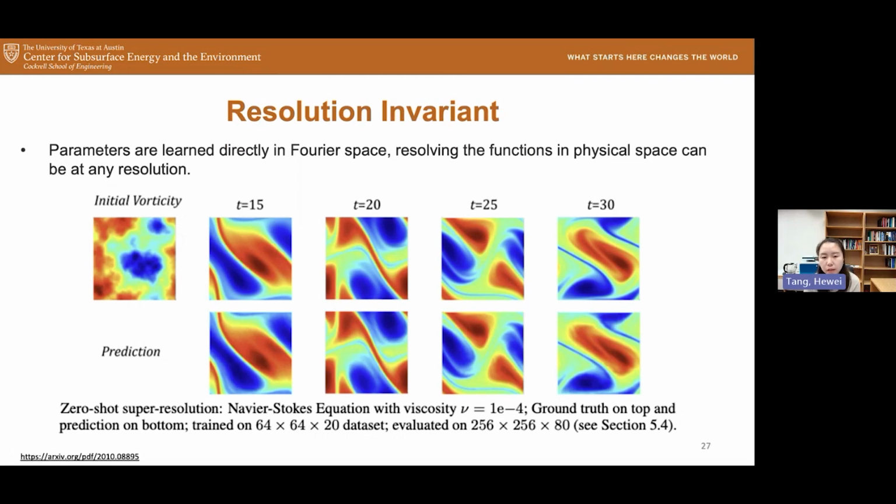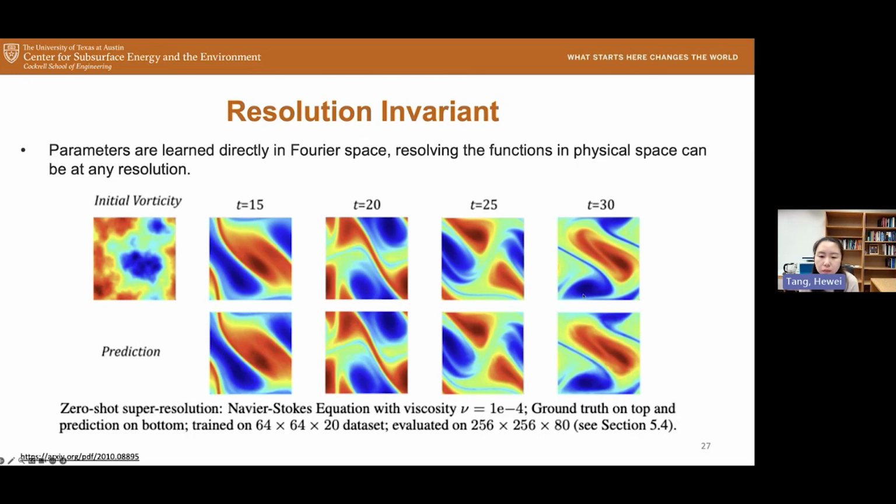Another advantage specifically of the Fourier neural operator is that parameters are learned directly in Fourier space, so we can resolve the functions in physical space at any resolution. Here I show an example from its original publication where they train on the Navier-Stokes equation using a 64 by 64 data set in the first row, and then evaluate the model on a 256 data set in the second row.